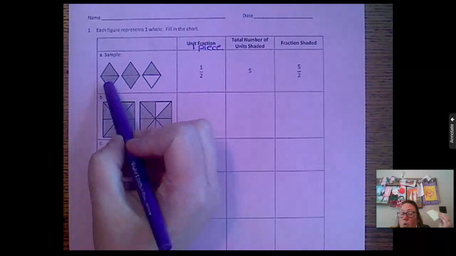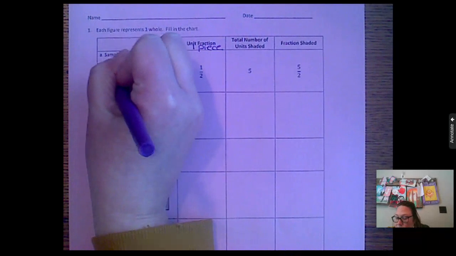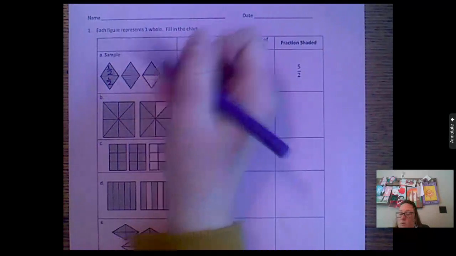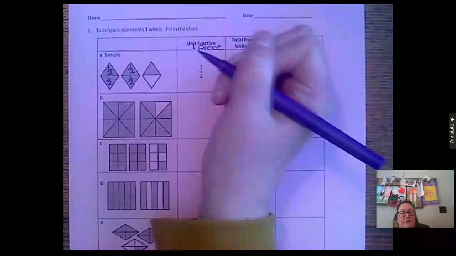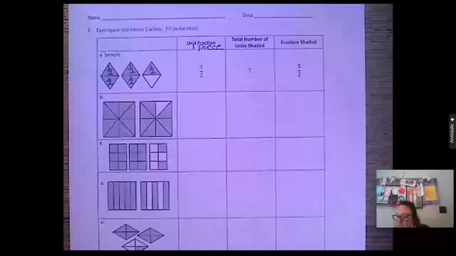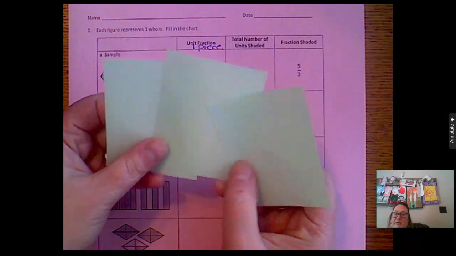Since each whole is broken up into 2, we would call one of the pieces 1/2. So I could even write 1/2 inside each one of those. 1/2 plus 1/2, there is a whole. Again, 1/2 and 1/2. So we have 2 wholes, and here we have 1/2 that is shaded. These are representing my 3 wholes.